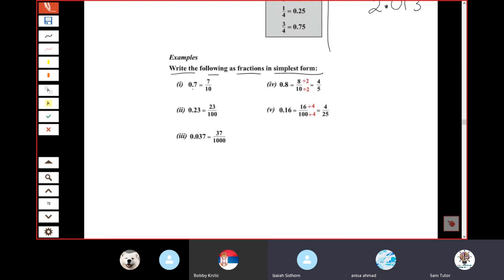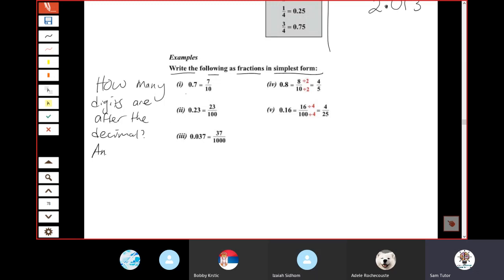0.7, you've got to make it a whole number. A quicker way, I guess, would be to ask how many digits are after the decimal. That's the first question you're asking yourself.